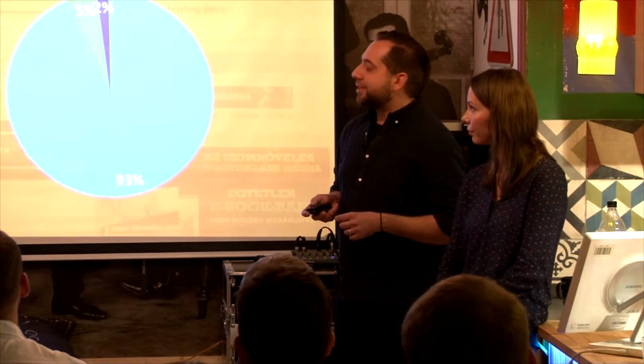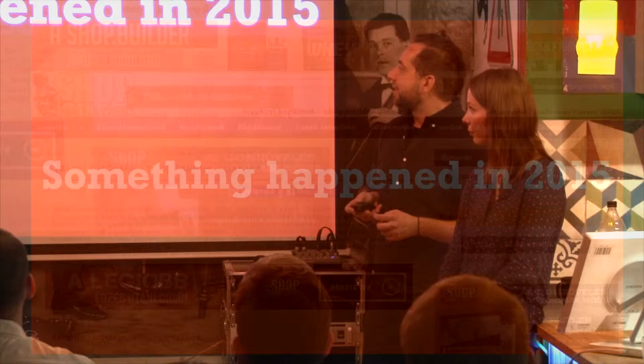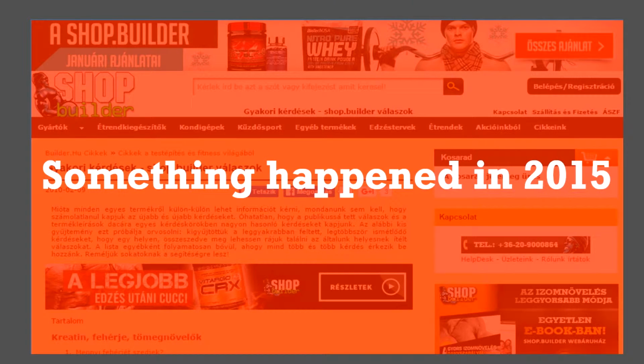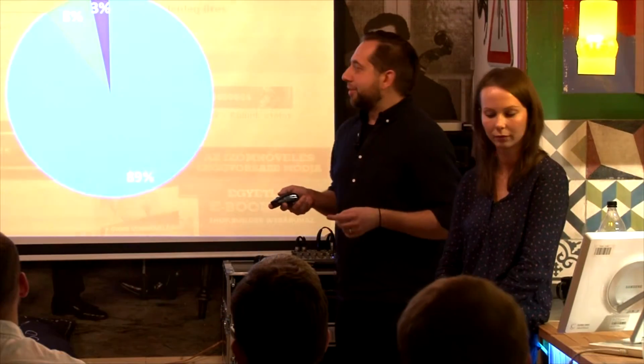But the reason we met with Shop Builder was that something happened in 2015. The distribution between these device types changed, and changed dramatically, because the number of mobile users have doubled.